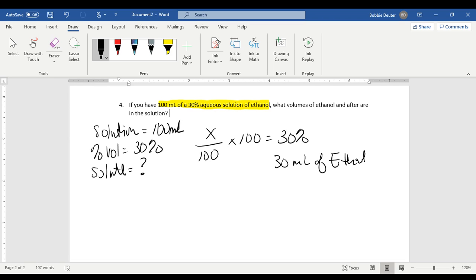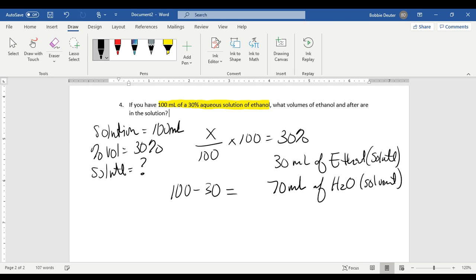Now, what about if we need to know not just the solute, but the solvent? And so we would just take 100 minus 30, and it gives us 70 milliliters of H2O. Remember, this becomes the solute, what's being dissolved, and this is the solvent, what it's dissolving in.